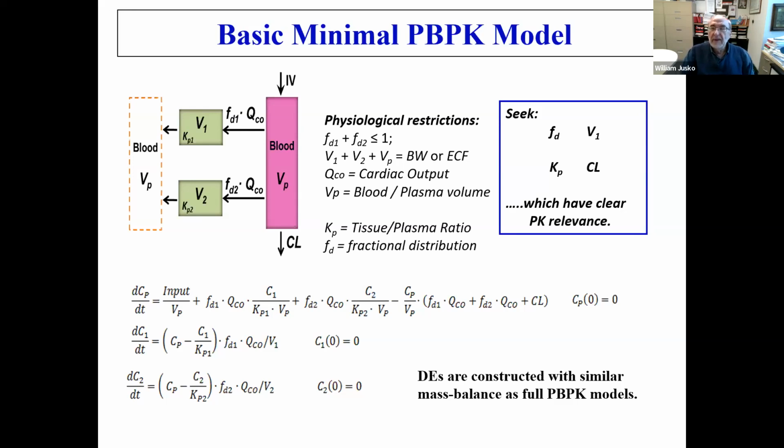FD, B1, KP, clearance. The structure of the model is shown with equations that look just like the equations we use for full PBPK models: an equation for the plasma or blood compartment, and an equation for the 2 tissue compartments. So those who recognize full PBPK models will easily operate these equations.